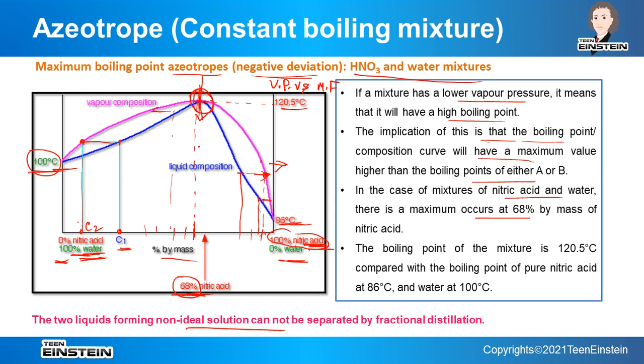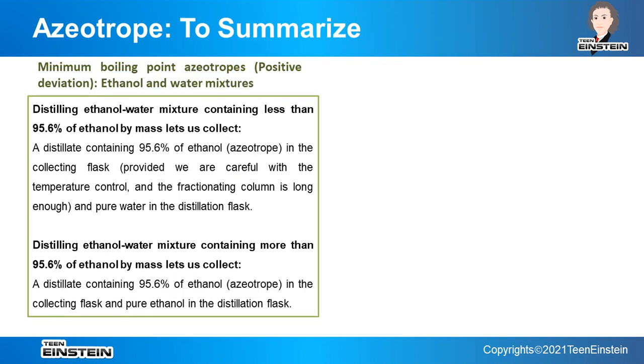But the criterion for distillation is that the composition of the two components must be different in the liquid and vapor phase. If it is the same, we cannot distill it. So that is why fractional distillation is not possible here. And this is the example of a maximum boiling point azeotrope, which is possible in case of negative deviation in the vapor pressure composition curve.